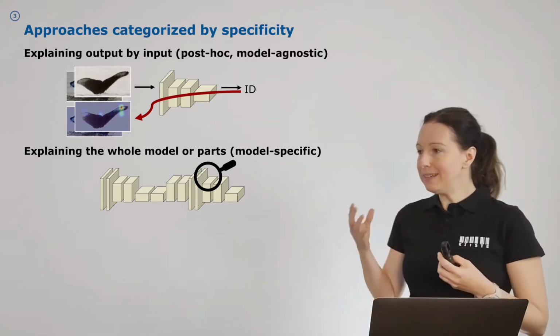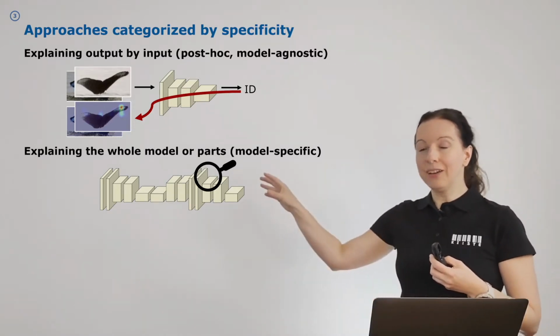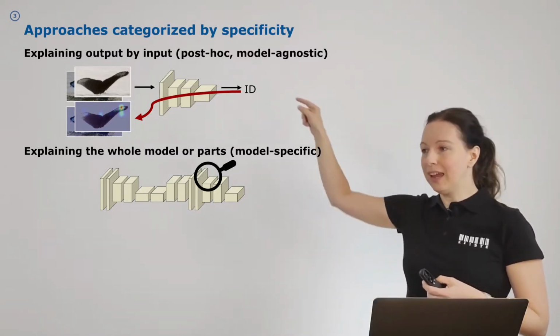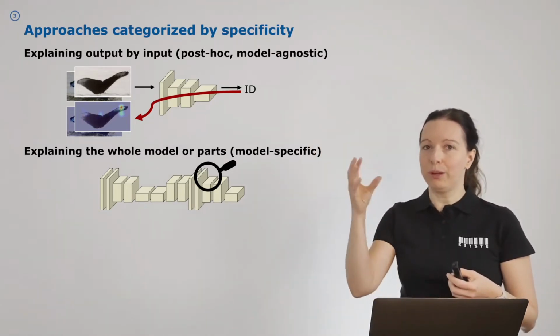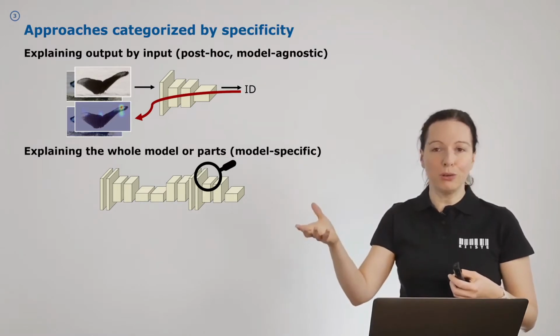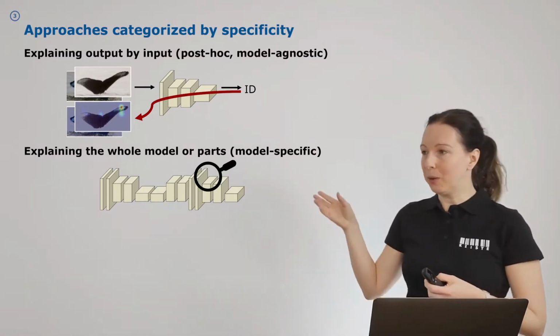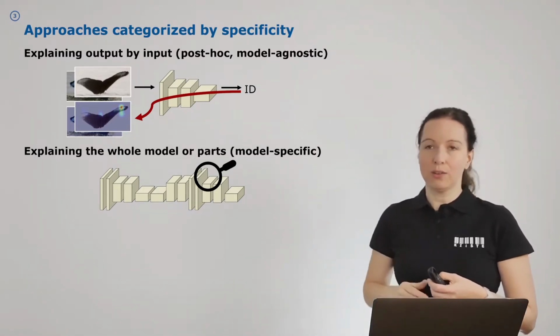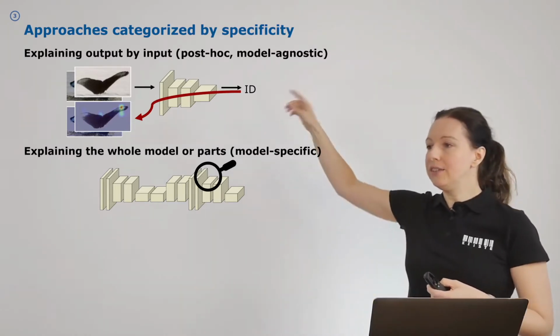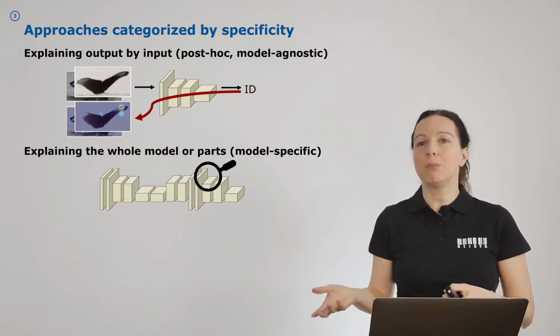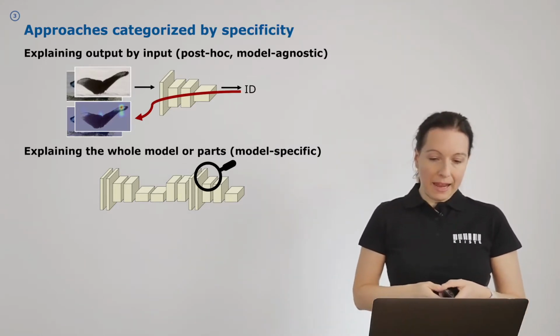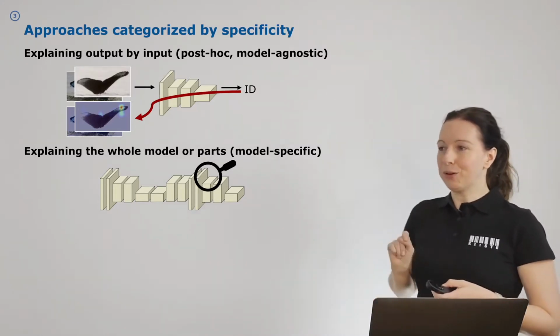And the basic difference is, so here you need access to the model, and here you can just ignore the whole architecture, how the model looks like. That's why it's model specific, and this is called model agnostic, and these approaches are mostly applied post hoc, so when the model is already learned. And today's lecture we will talk about this.